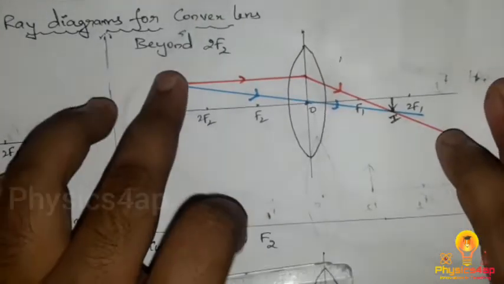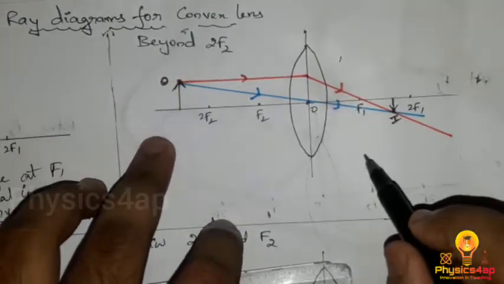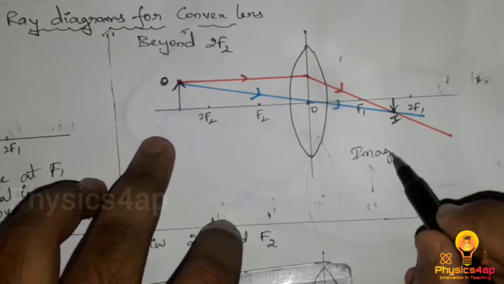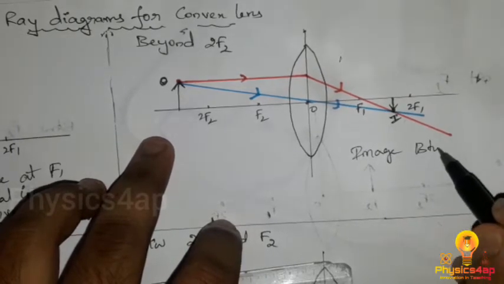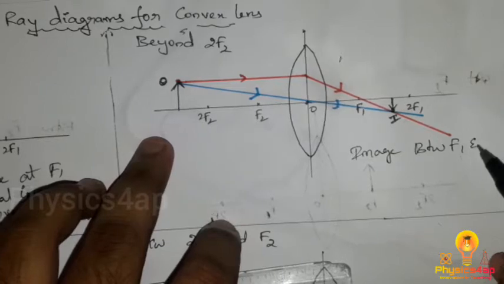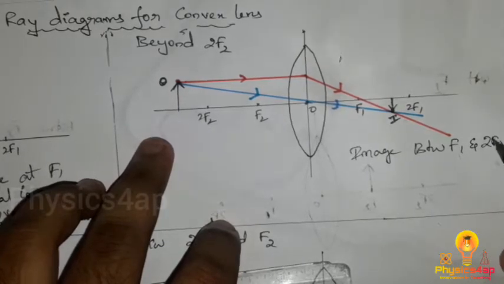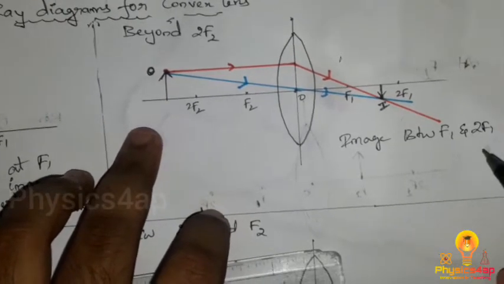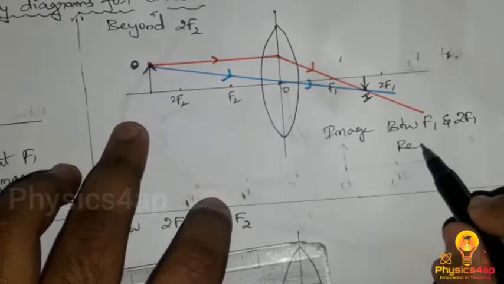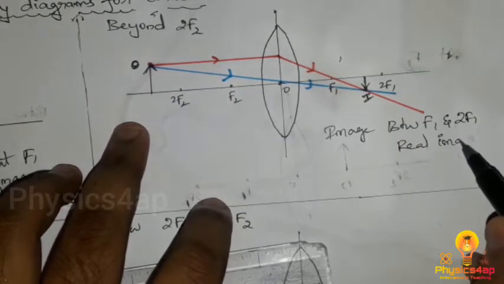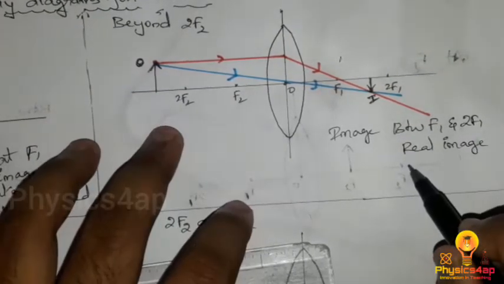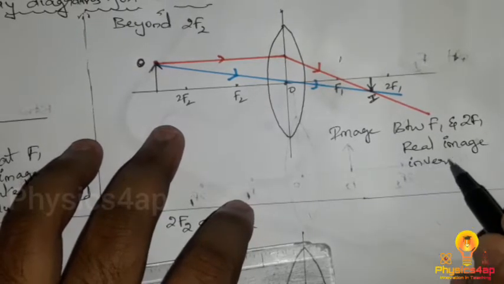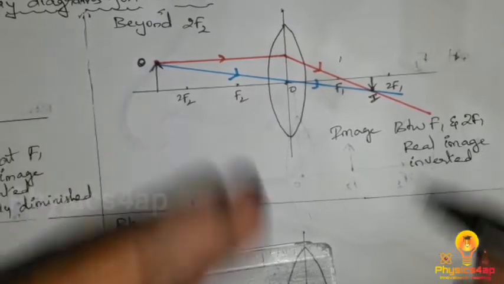Now when the object is placed beyond 2f2, the image is formed between f1 and 2f1. And the image which we get here is the real image, that means which can be caught on the screen. And here we have the inverted, that is it gets reversed.